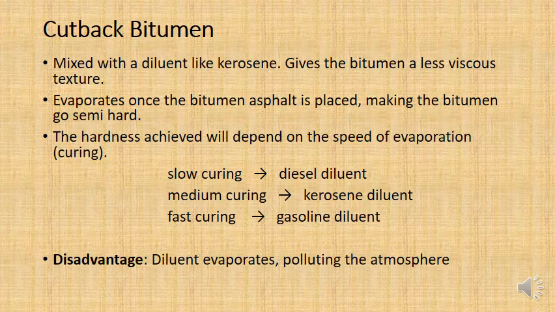I think the evaporation point of kerosene is at around 30 degrees Celsius, I believe. I could be wrong. And so once it evaporates, you're left with the bitumen, and the bitumen is hard or semi-hard. It's a semi-solid, so it creates a hard wearing course on your road with the asphalt.